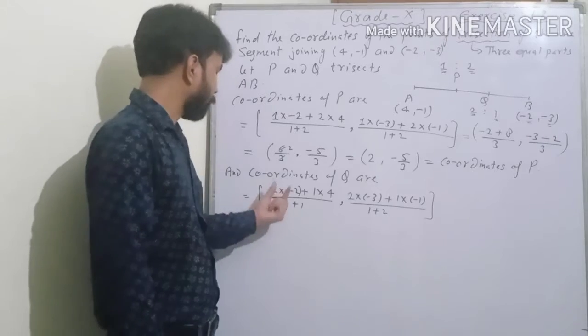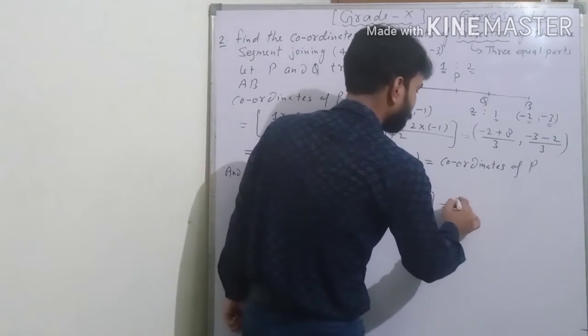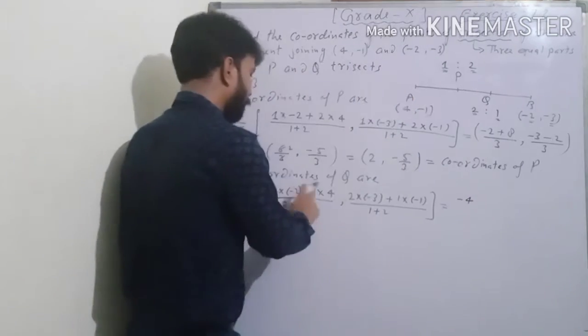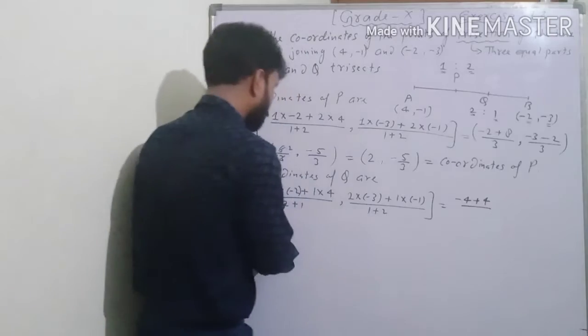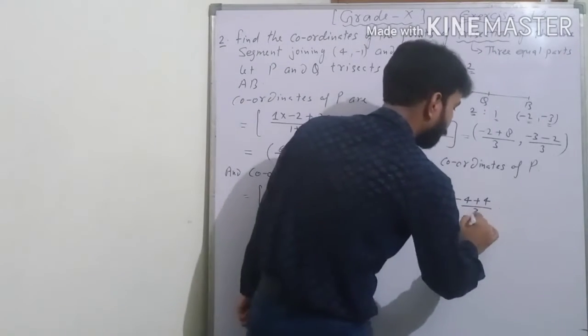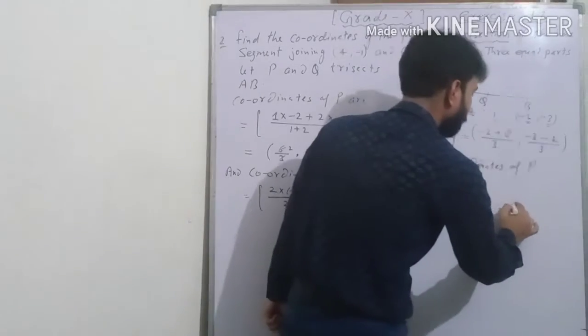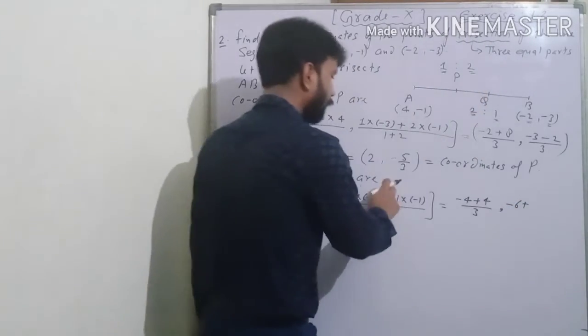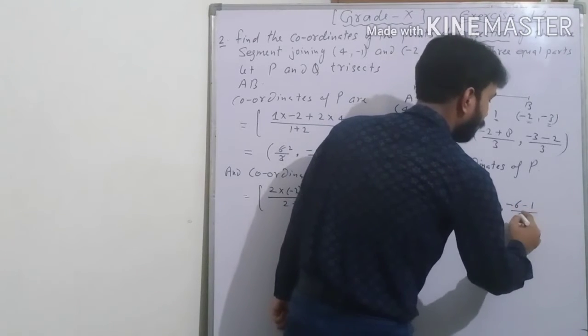Now we will simplify this calculation. 2 into minus 2 is minus 4 plus 1 4s are 4 upon 2 plus 1, again we will get 3. Now see, 2 into minus 3 is minus 6 plus 1 into minus 1. 1 into minus 1 is minus 1 upon 3.